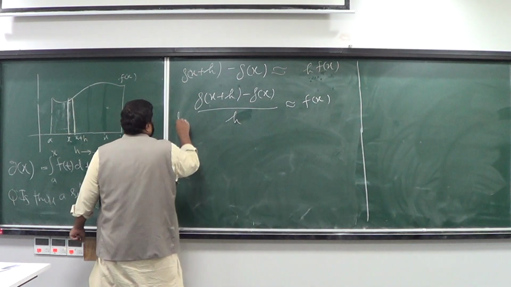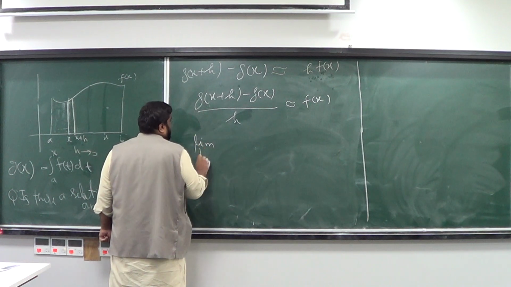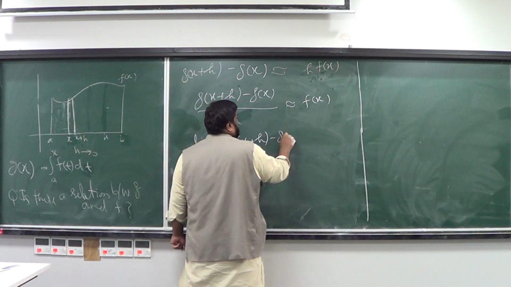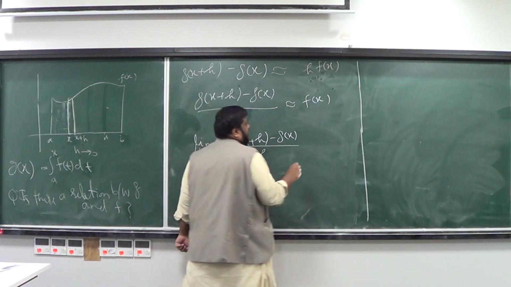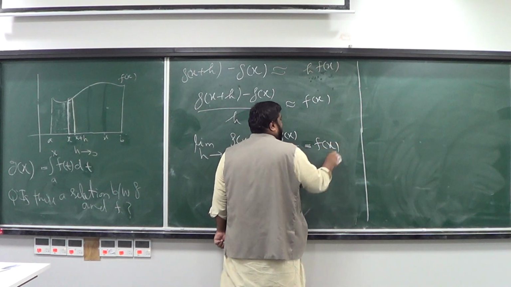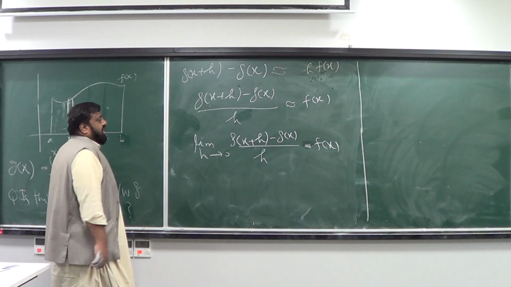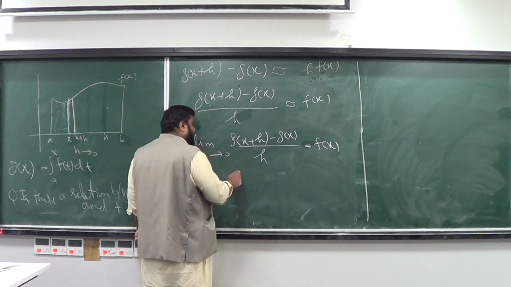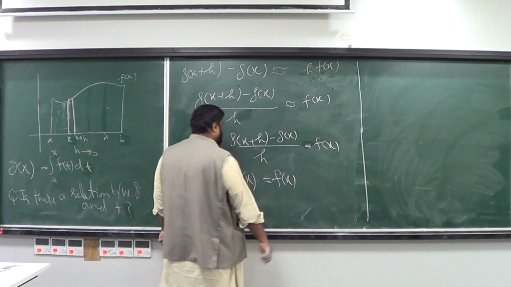And then if I take the limit as h goes to 0, g of x plus h minus g of x divided by h is going to be exactly equal to f of x. Now what is this? This is really the derivative, g prime of x, equal to f of x.